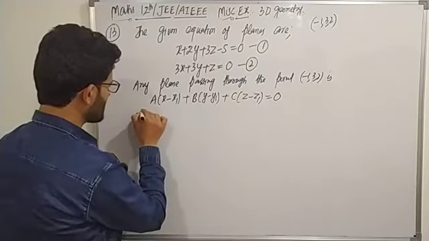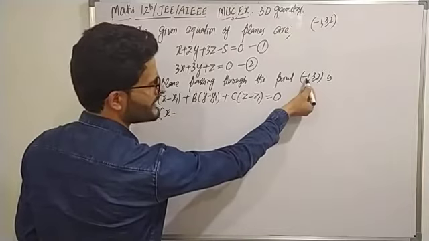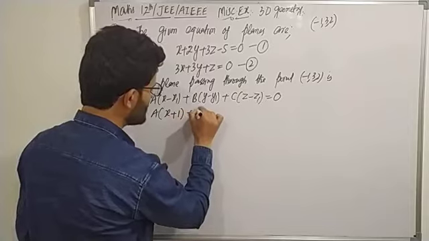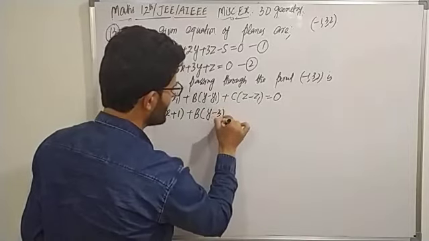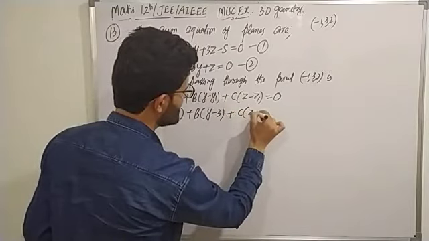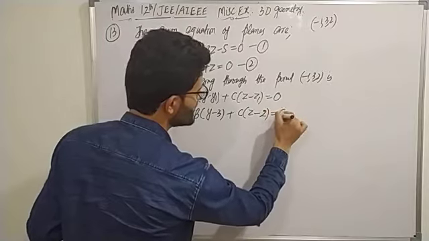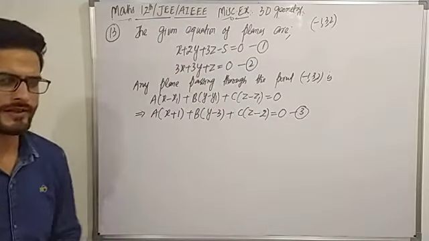So this can be written as a into x minus, what is the x coordinate of the point, that is -1, so it will become x plus 1, plus b into y minus y1, what is y1, that is 3, plus c into z minus z1, and that's 2, is equal to 0. We are keeping that plane as plane number 3rd.